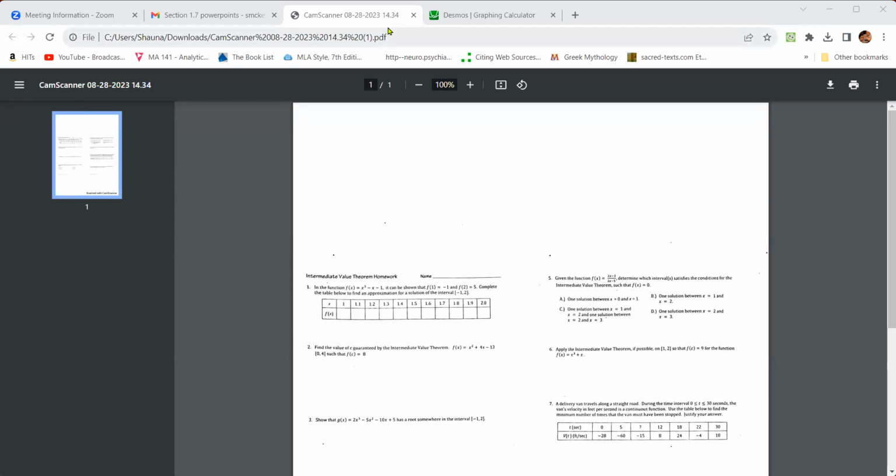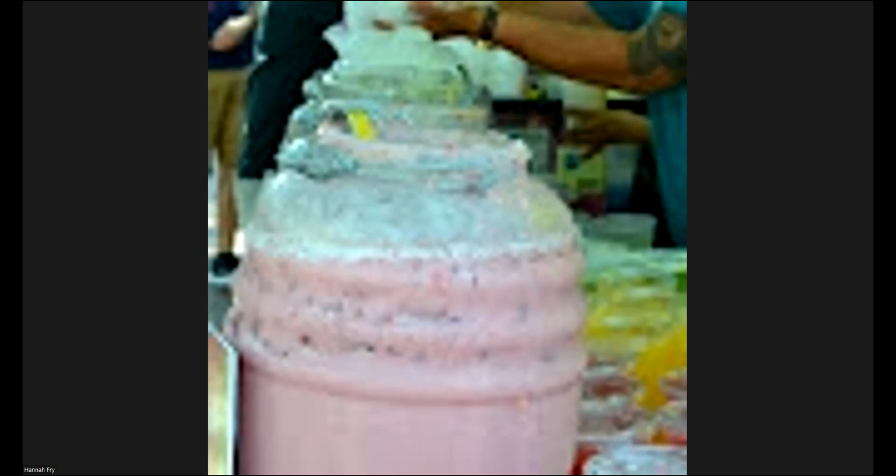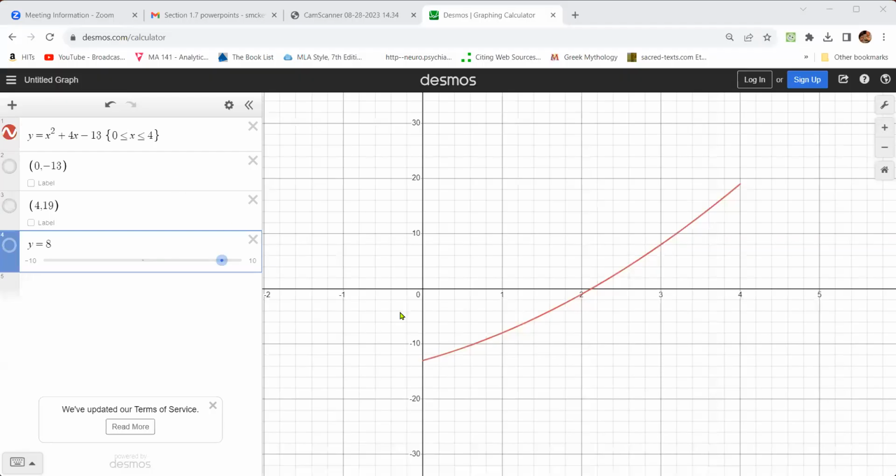What we're doing is, first thing you want to do is graph the function. So I graphed this function on Desmos, okay? And when I did that, it came out to this here, right?